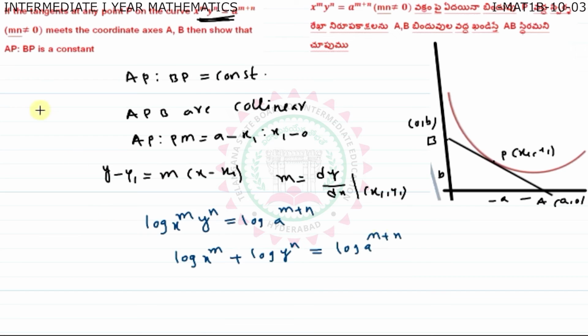Again using one more logarithm formula, log x power m means m log x, this will come to the front. So this is m log x plus n log y is equal to, I am writing this term as it is because this is a constant term. I am not going to change anything from here.